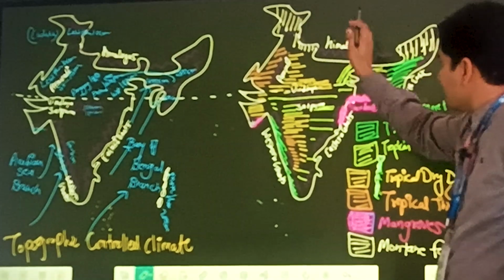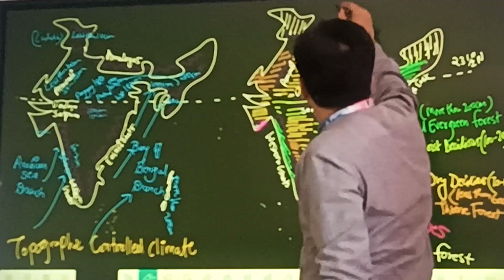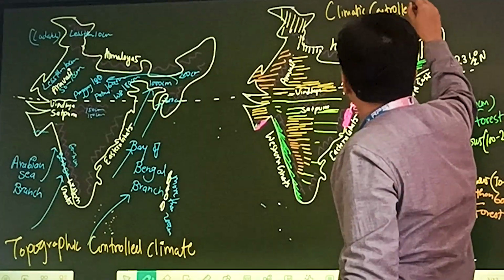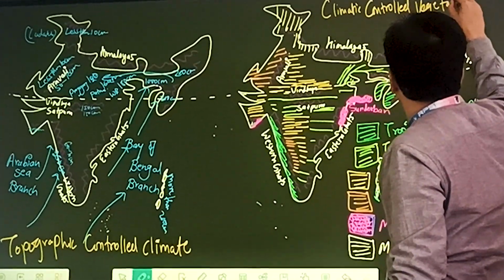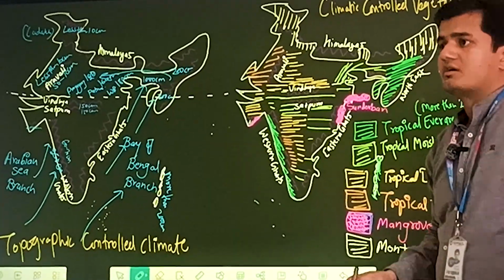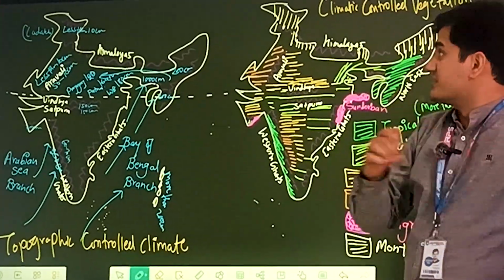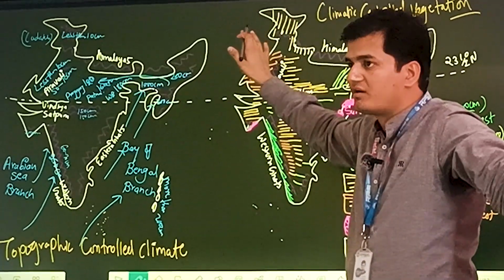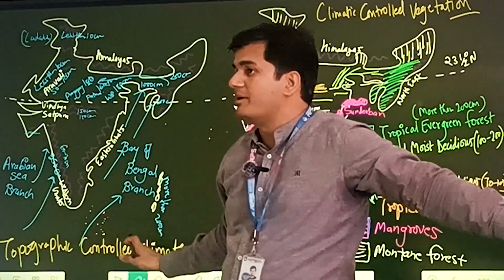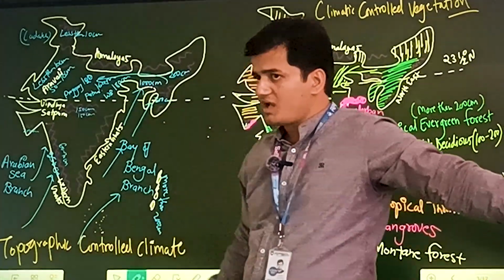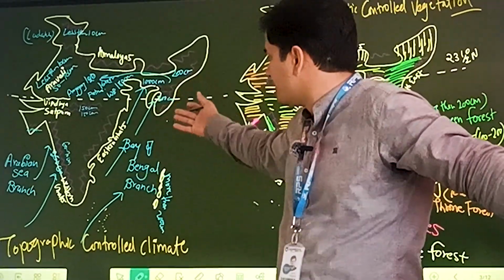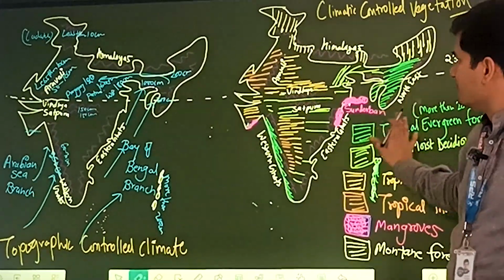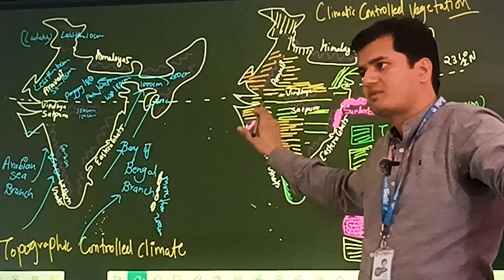While the vegetation of India has climate control. That means these vegetations are distributed across India on the basis of climate, on the basis of rainfall, right? And we have the climate on the basis of topography. So we have discussed how the monsoon winds bring rainfall to the Indian subcontinent, and on the basis of the monsoon winds, we can find different kinds of vegetation. Okay.